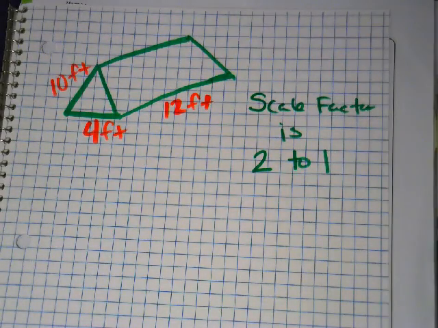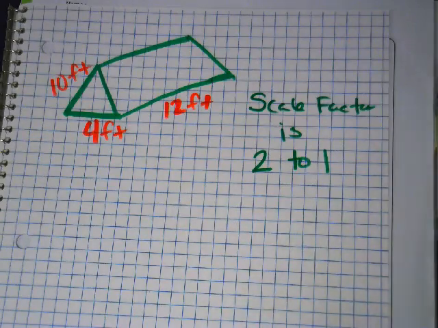Ooh. 2 to 1, not 1 to 2. What do you think it means when I switch the numbers, when the big number is first? Am I going to make this tent bigger or smaller? Smaller because it's 2 to 1.